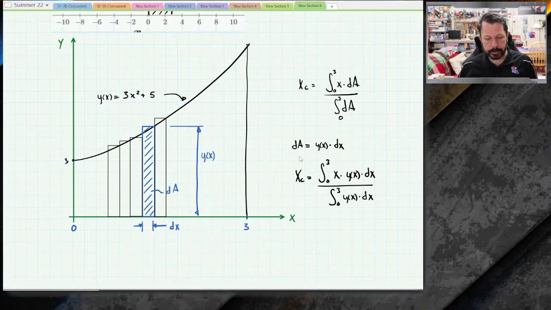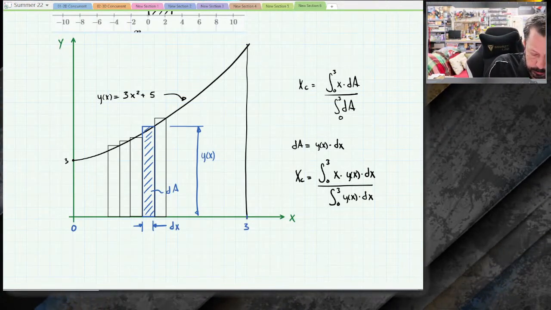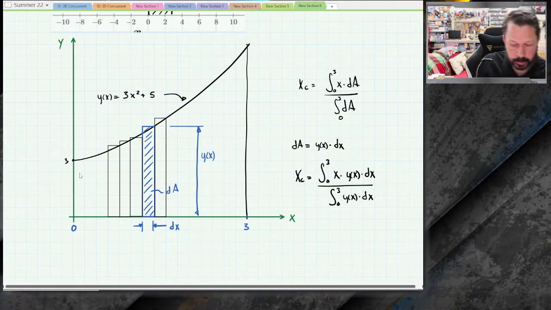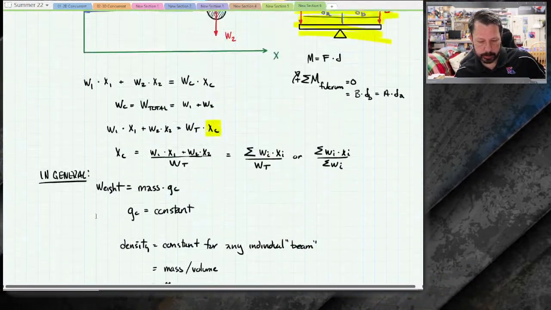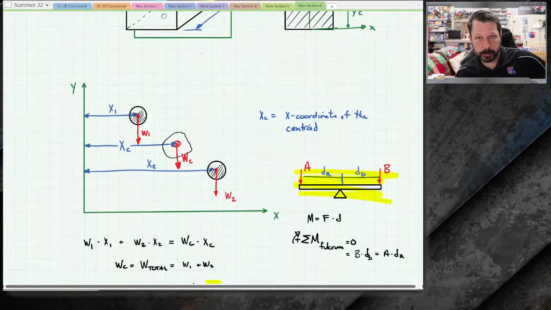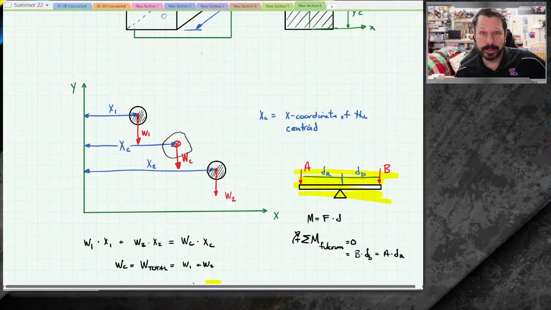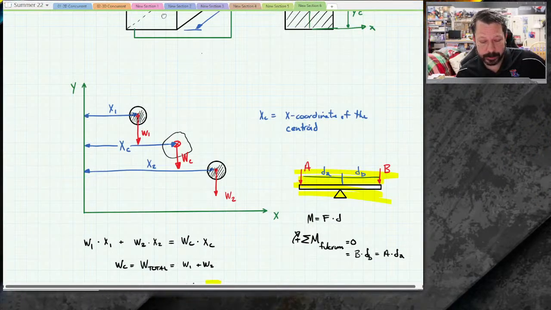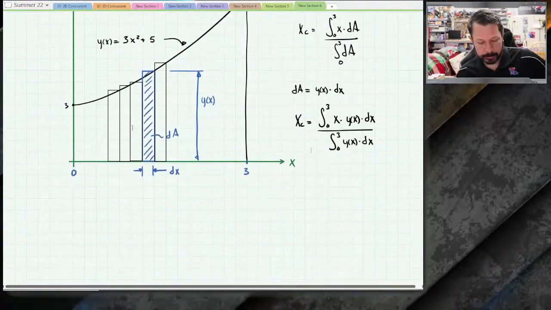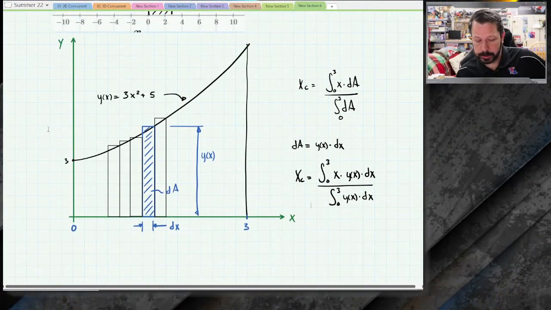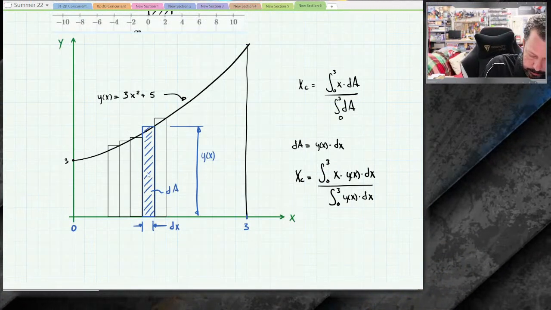The x coordinate for this little strip is this guy. I'm measuring from the y-axis way back up here. I used spheres here, so I measured to the very center of them. I measured to their centroid, in fact. So the centroid of this little sphere was right in the middle of it. So I should measure also to the centroid of the little strip that I'm using, which, you know, it's right there.